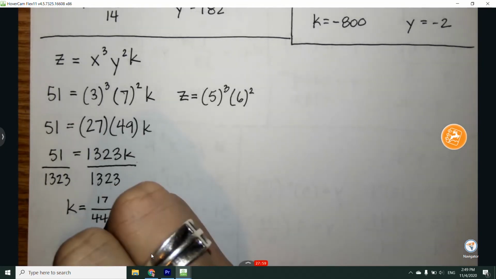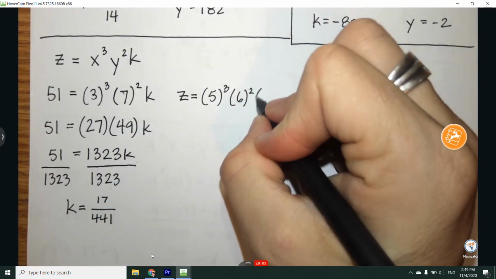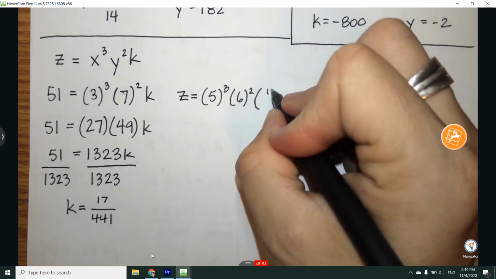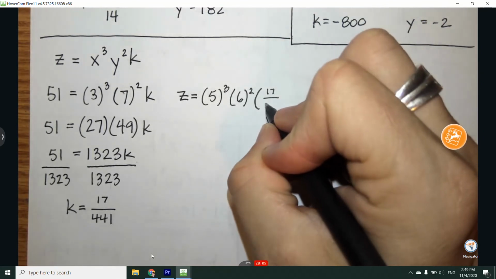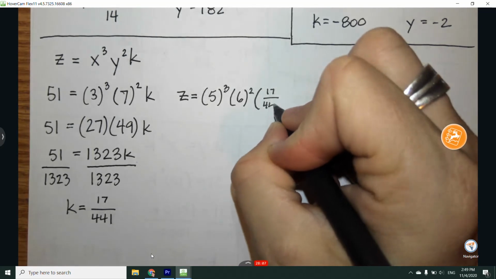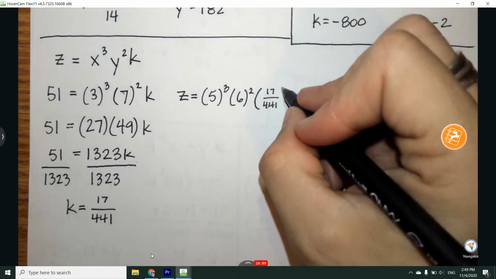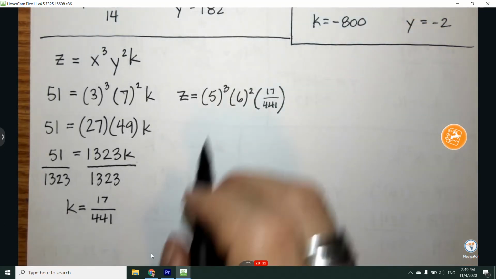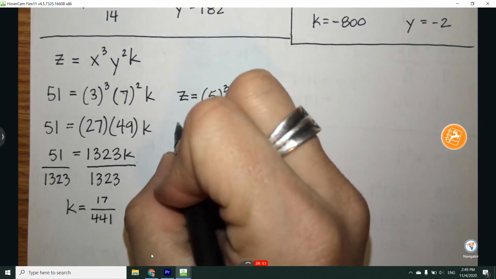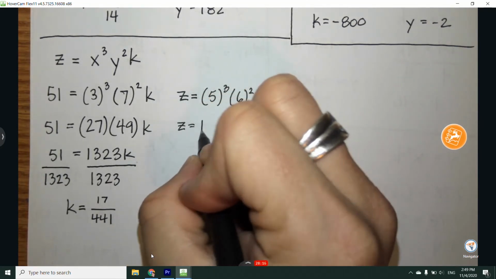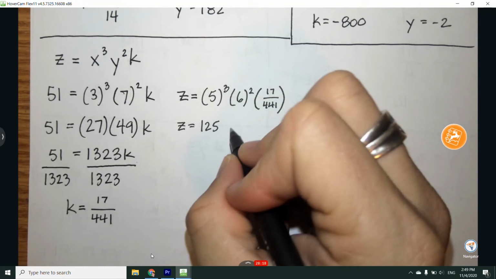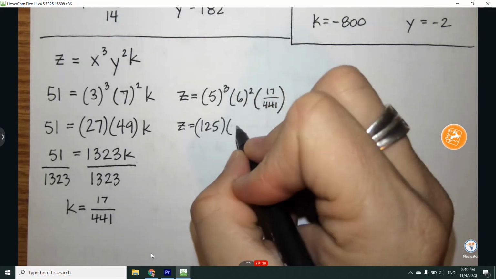And so now we can plug that in to our second equation to solve and find out what z equals in our second equation, which is what we're looking for. So we're going to do 5 cubed, which is 125. We're going to do 6 squared, which is 36.